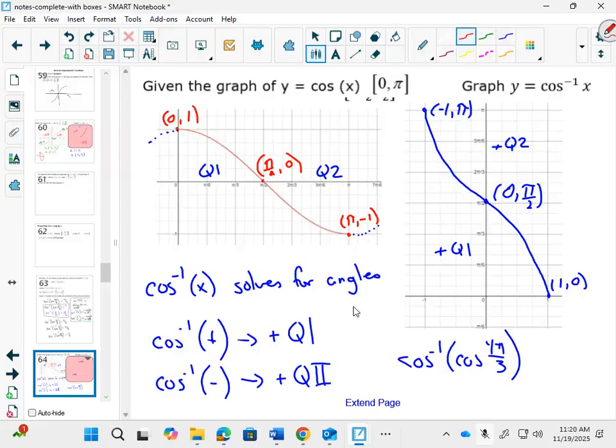It's in quadrant 3. Cos is negative in quadrant 3. So cos inverse of a negative value will always put out a positive angle in quadrant 2. If your reference angle is pi over 3, what family member do you have in quadrant 2? The answer to this is 2 pi over 3.